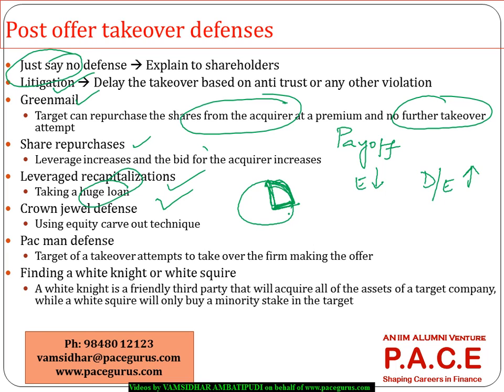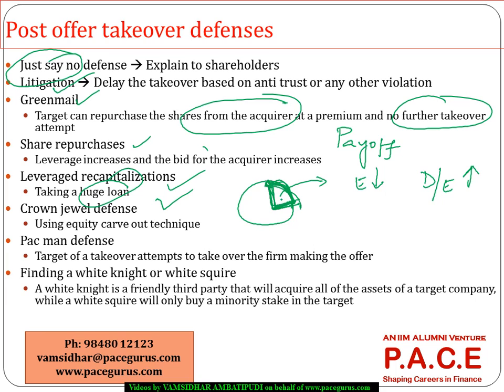Carving out one portion of the company and floating it as a separate one, which could result in such a process that after the takeover, this portion of the company will be sold off, just like an equity carve out. It can sell off the portion of the company to some third party, and this is one of the key businesses of the company.